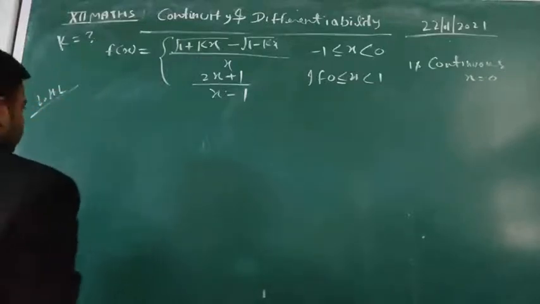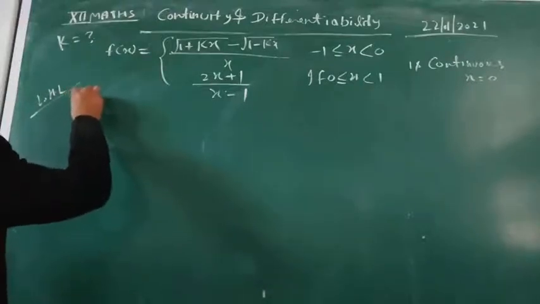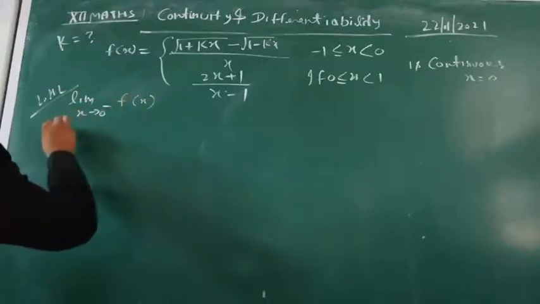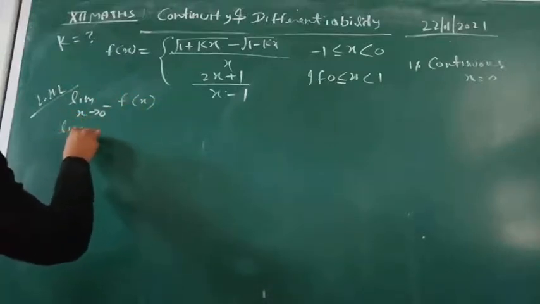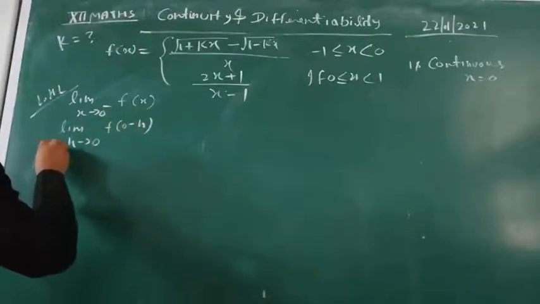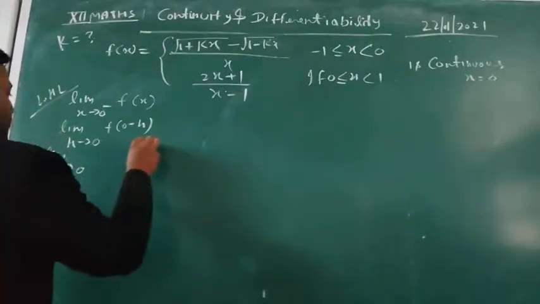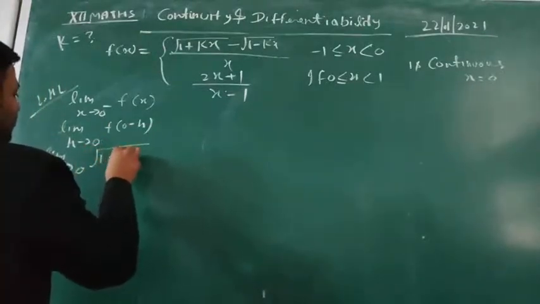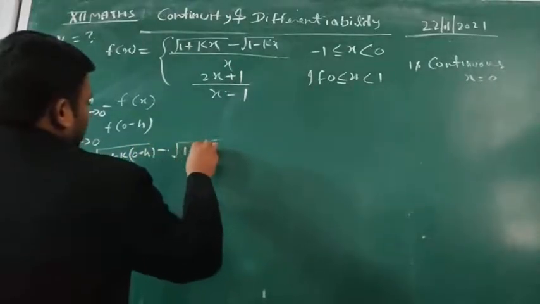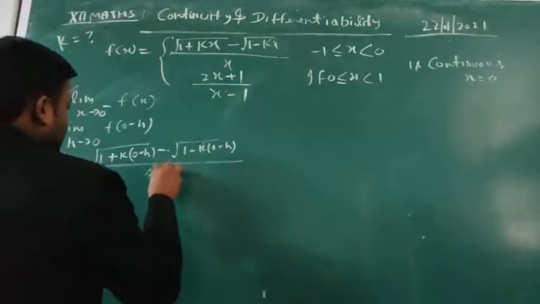Okay, student. So left hand limit will be limit x tends to 0 minus f(x), that is limit h tends to 0 f(0 minus h). Here we can use under root 1 plus k(0 minus h) minus under root 1 minus k(0 minus h) by (0 minus h).